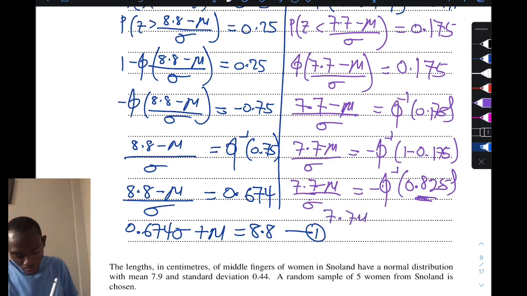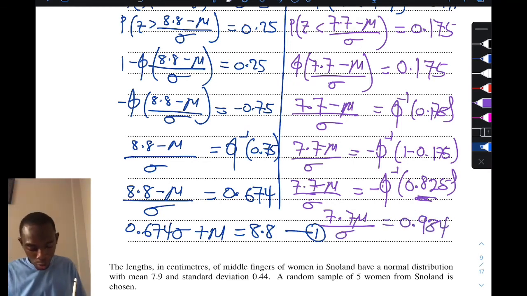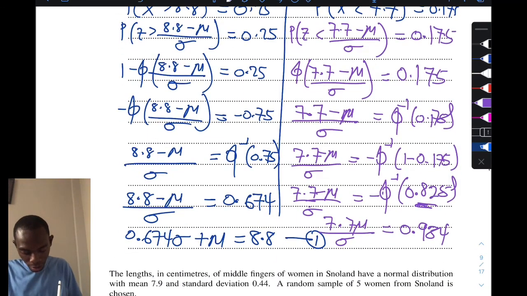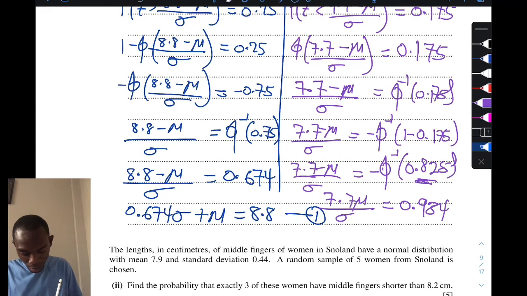So 7.7 minus mu over sigma is equal to 0.934. Okay, so we can form another equation. Let's put that one here. So that's 0.934 sigma.